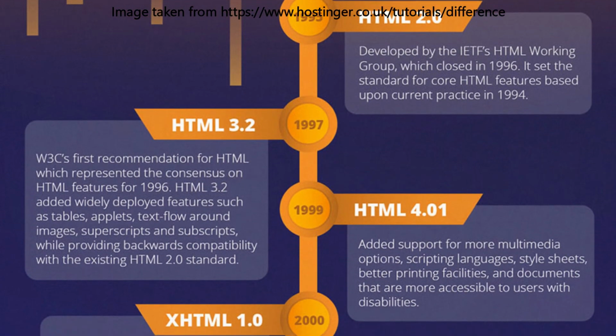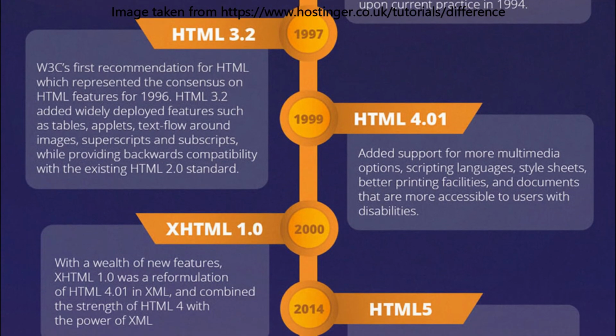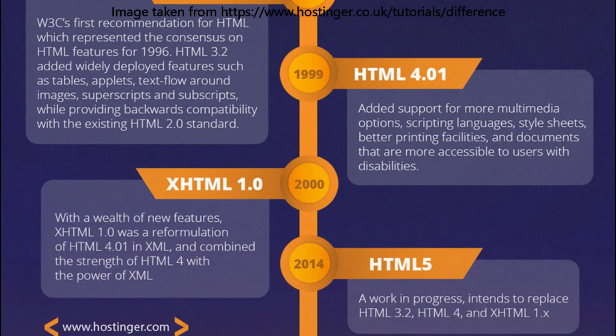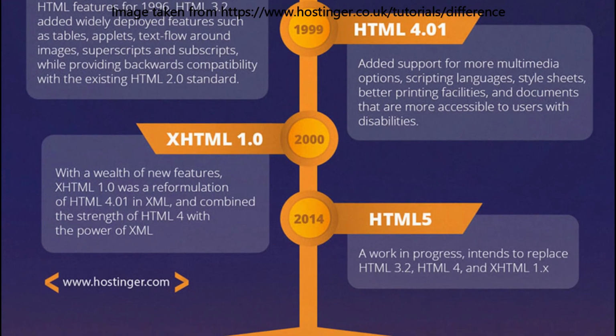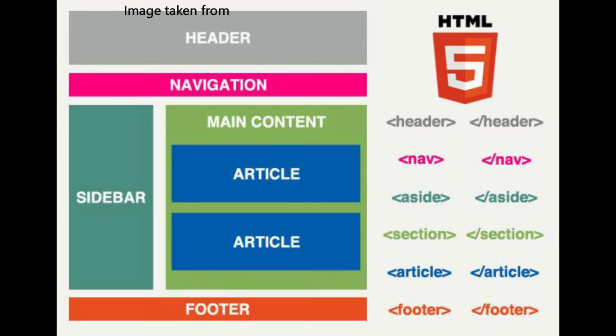But for the coding, you must start using HTML5 because HTML5 gives you many more options to use the new tags in a very efficient way, because the tags are now named according to the section of the HTML, which you can see in the image. We will be discussing this in great detail in the coming lectures when I will be teaching you the code, and side by side we will be understanding the tags and how we can implement HTML5 in our code.